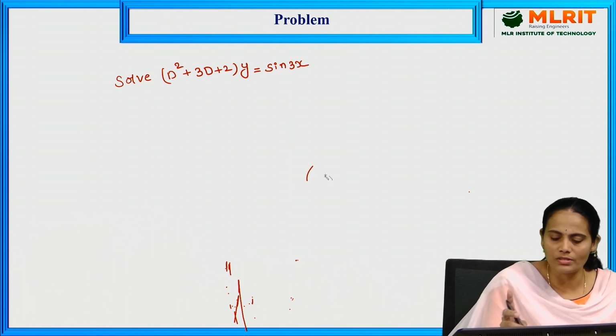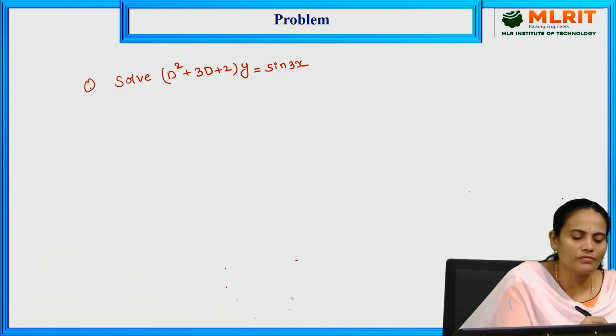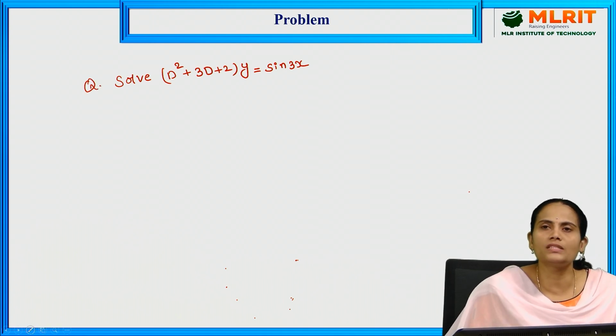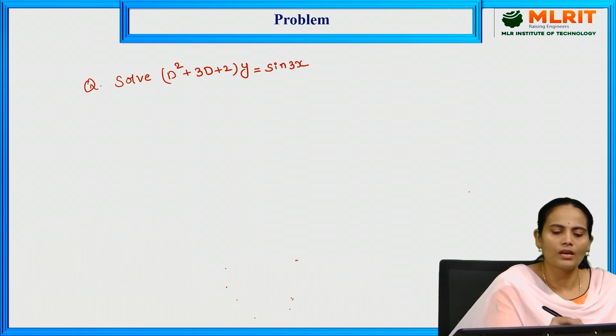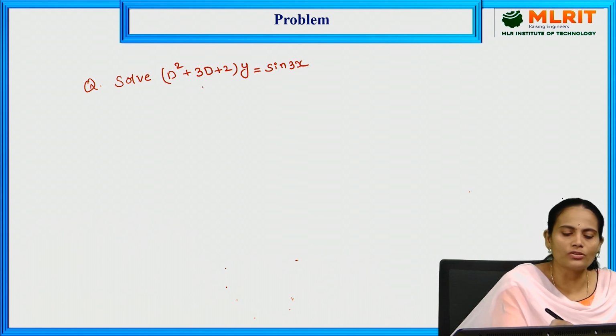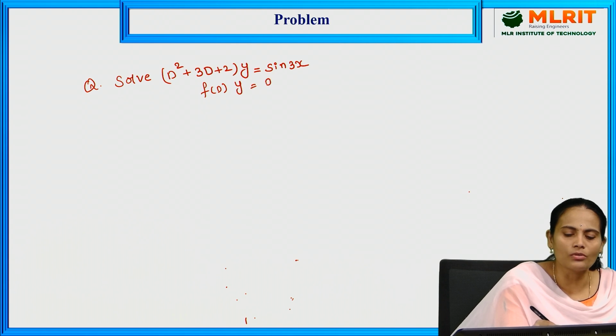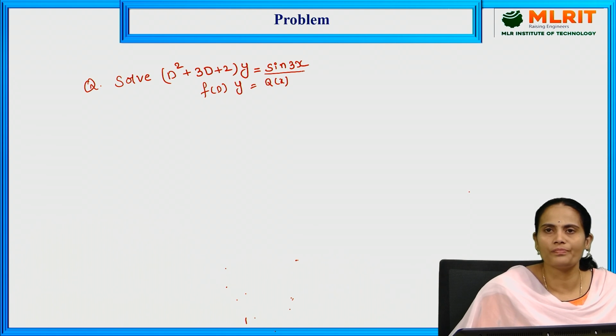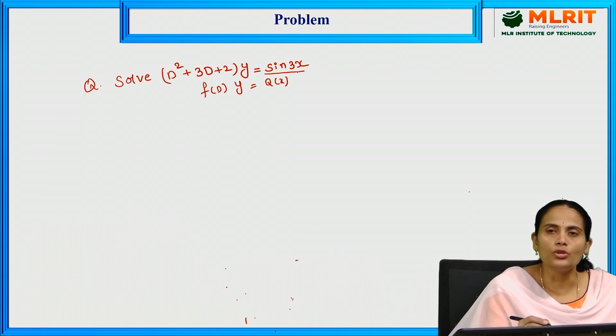See the question once here. This differential equation is of the form f of D into y equal to Q of x, where Q of x is in the form of sin ax. So we have to use type 2, or method 2, of finding a particular integral.